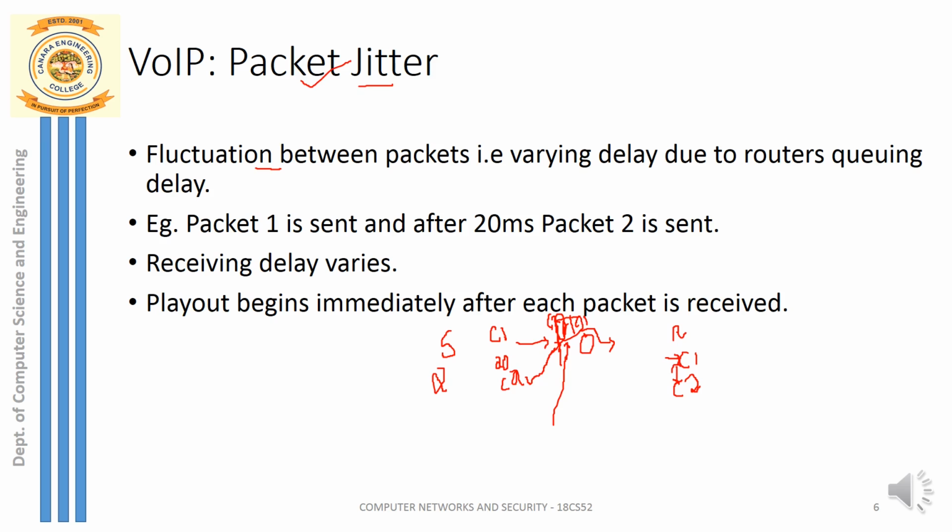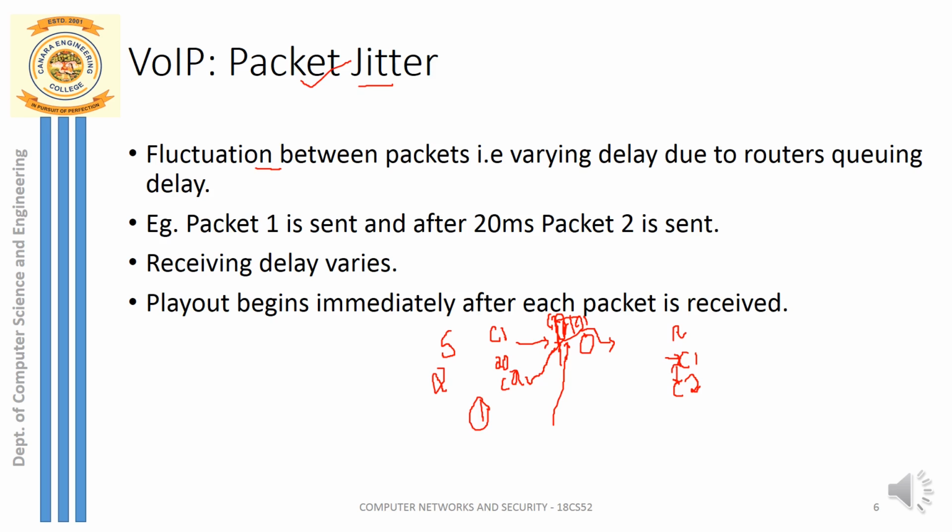This is one possibility. One more possibility, the same example: chunk 1 and chunk 2 are sent in the gap of 20 milliseconds. But when chunk 1 first reaches the router, it will first go and sit inside the queue.